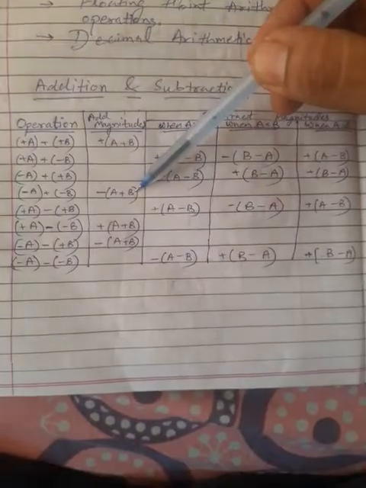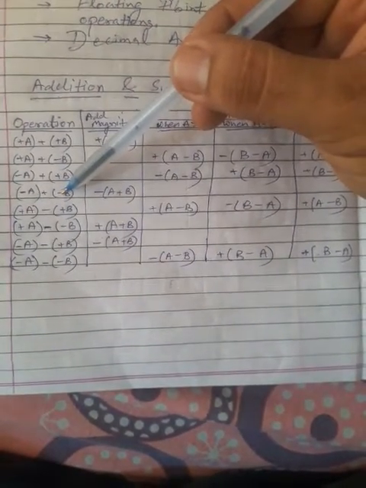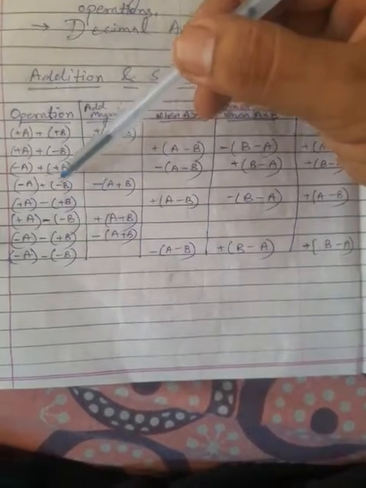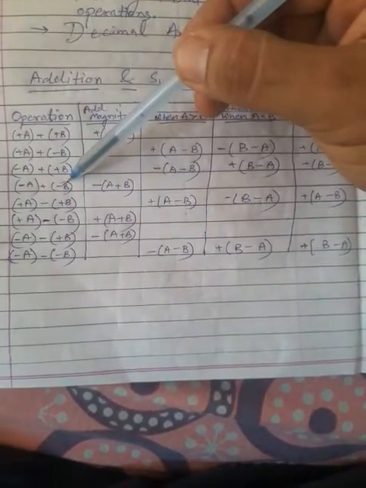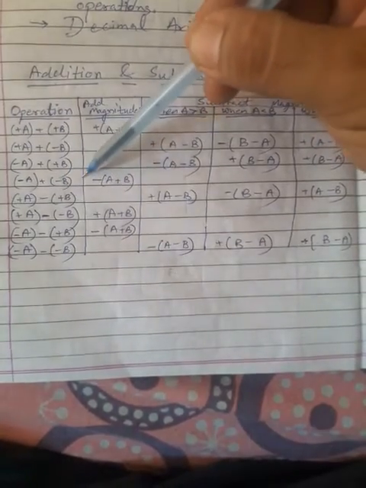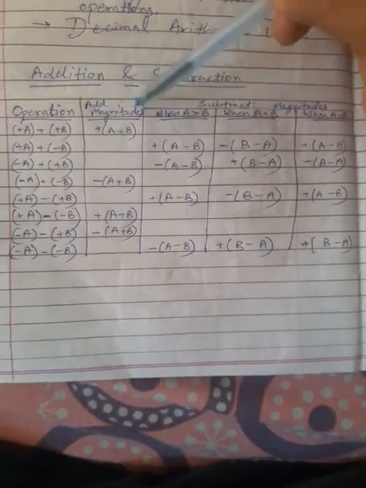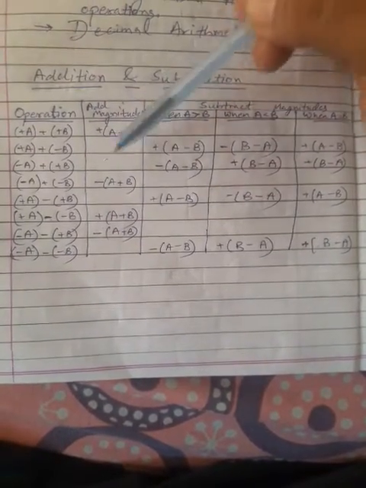Now, add magnitudes: why add magnitudes? Because minus and minus give the answer by addition, so we add them and just put the minus sign before the answer. That's why the minus sign is taken as common, and a and b are added, so this goes under add magnitudes.